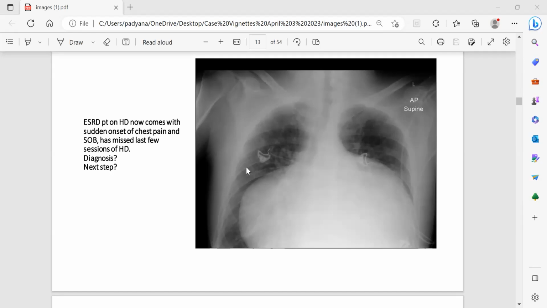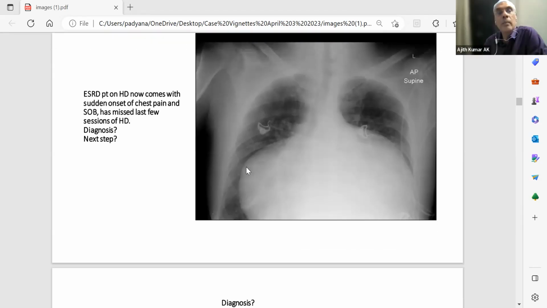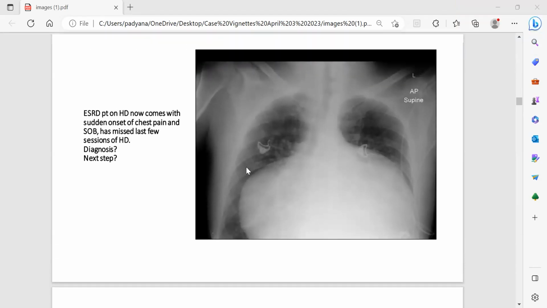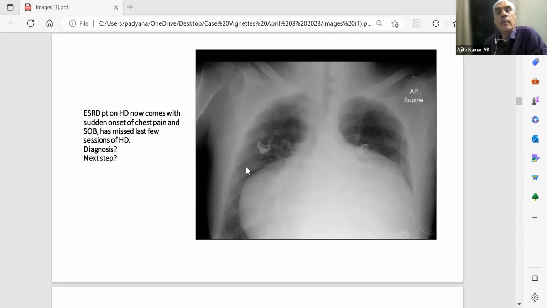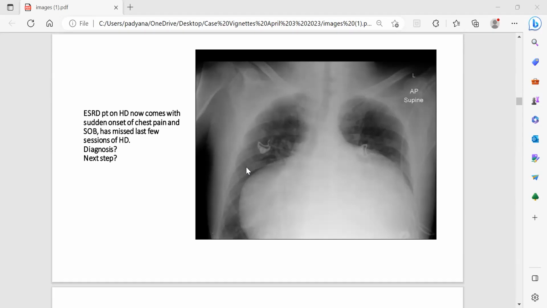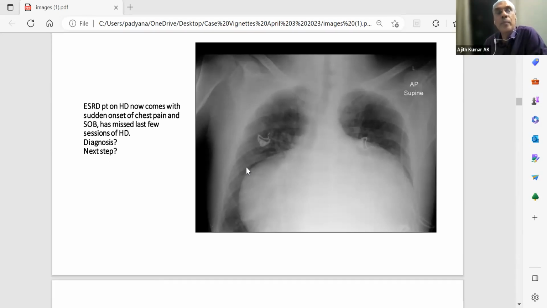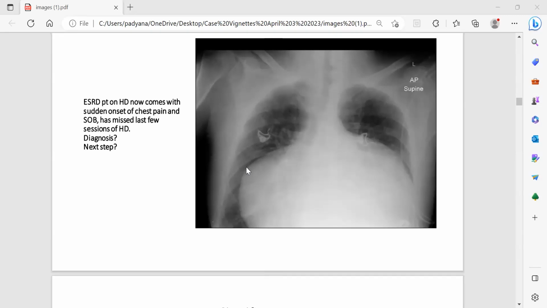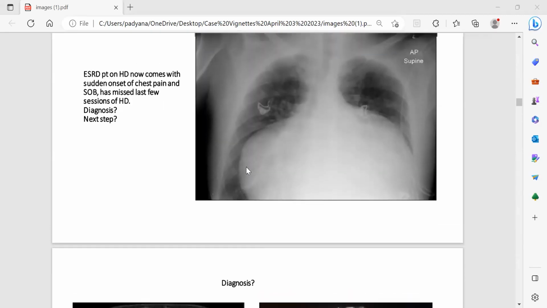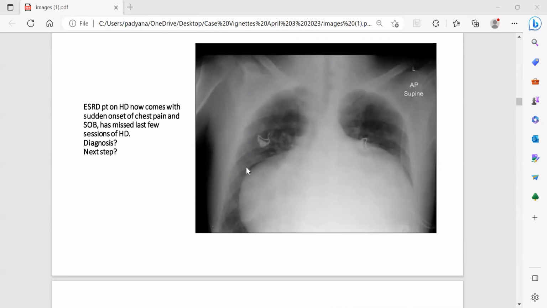Like I said, we need to make sure that we describe the main pathology there. So obviously it's a cardiomegaly, globular in shape, and this is more consistent with pericardial effusion than any other cardiomegalies, like restrictive, constrictive or dilated cardiomyopathies, which will not have a heart of this size.